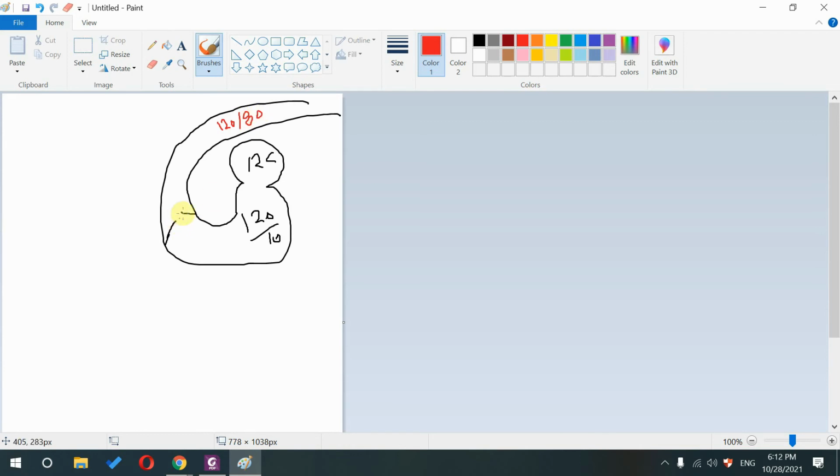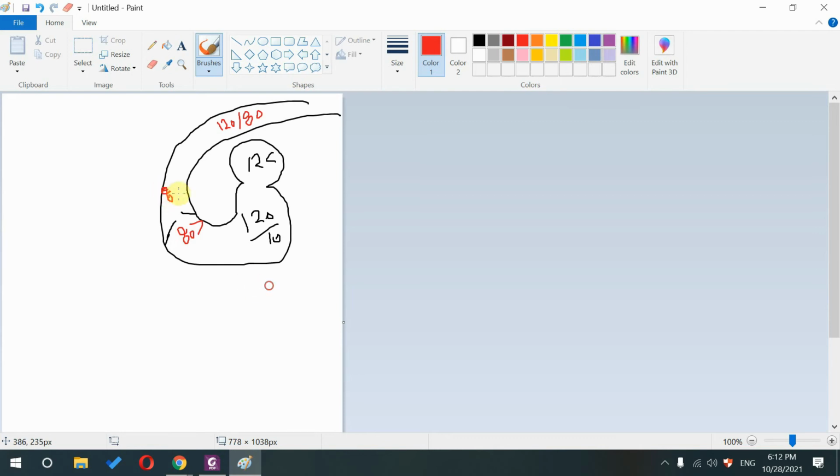So for the aortic valve to open, it has to exceed the diastolic pressure of the aorta. So during diastole for the aorta and systole for the left ventricle, the pressure inside of the left ventricle exceeds 80.